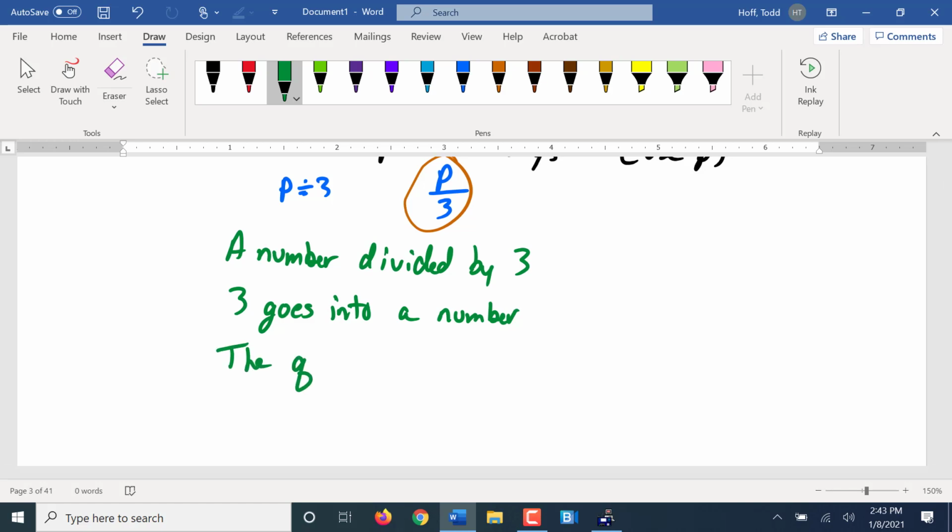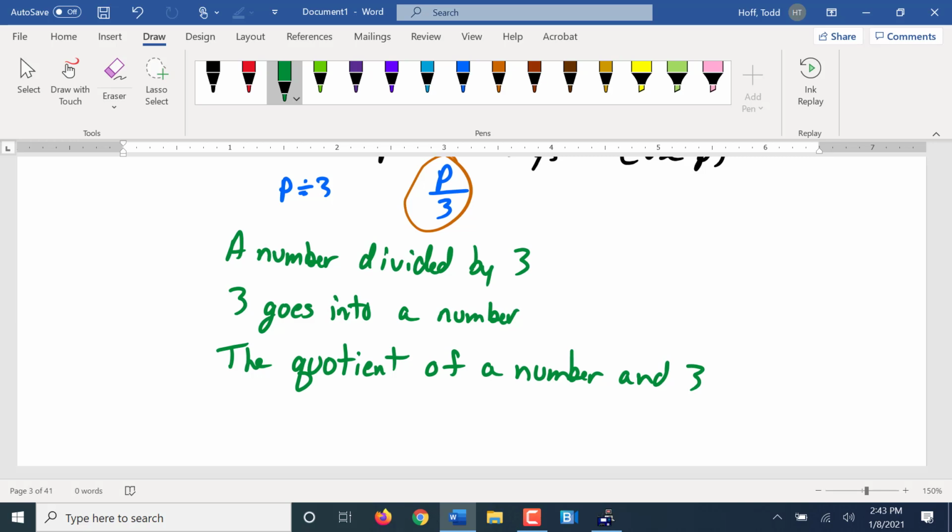Q is the first letter. Quotient, it's kind of a weird word. And again, just like subtraction, the order matters, so it's the quotient of a number and 3. Would be P divided by 3. If it was 3 and a number, it would be 3 divided by P. It'd be the other way around.